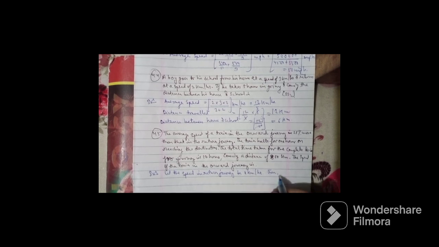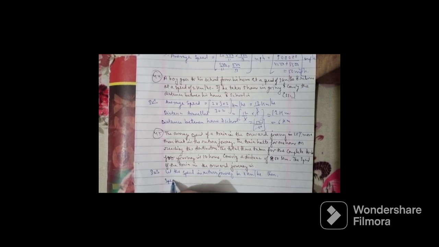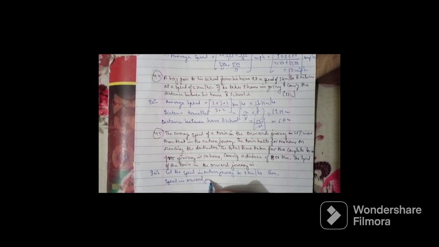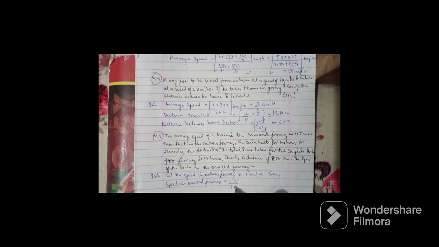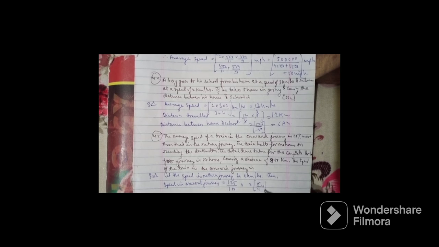Then speed in onward journey equals 125 upon 100x, equals 5 upon 4x kilometers per hour.